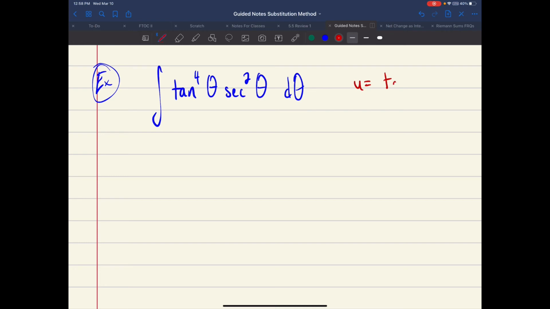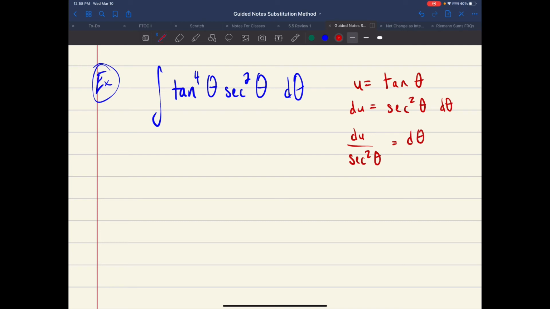So let's say u is tangent. du is secant squared theta d theta, and then du over secant squared theta equals d theta.